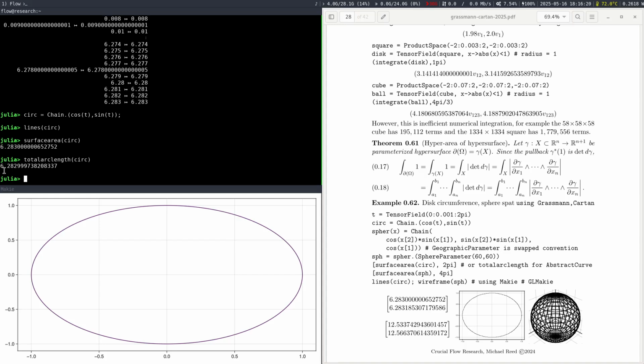Like, they give you pretty much the same answer, but total arc length calculates it one way and surface area calculates it another way. And it looks to me like the surface area approach actually has a smaller error.